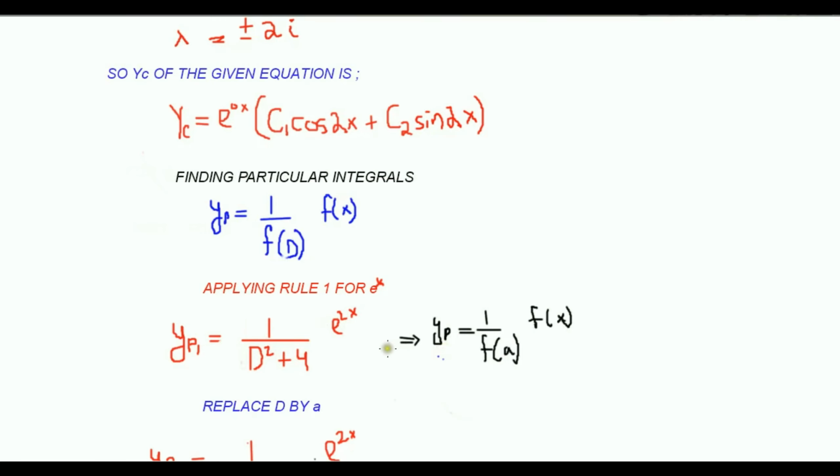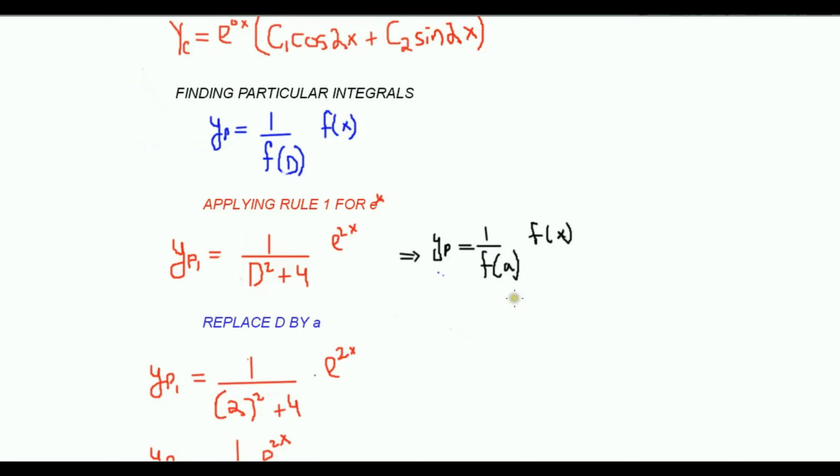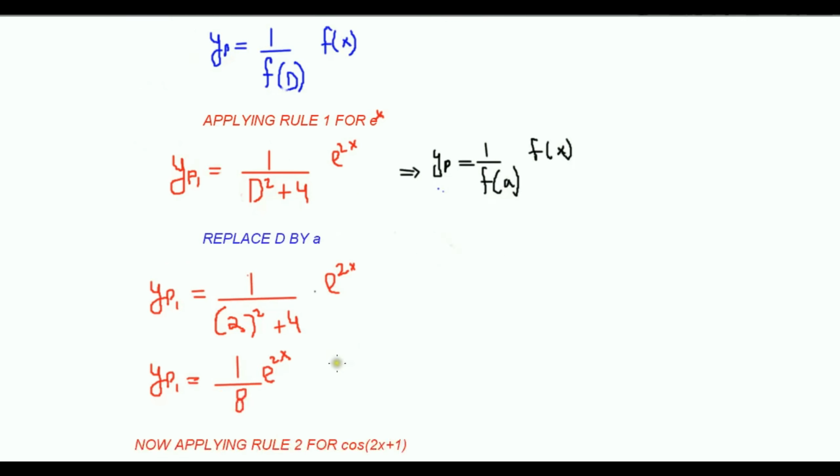So in rule number 1 we have to replace function d by a. Let's replace function d by a. Here a is equal to 2. So my particular integral for rule number 1 will become 1 upon 8 e to the power 2x.